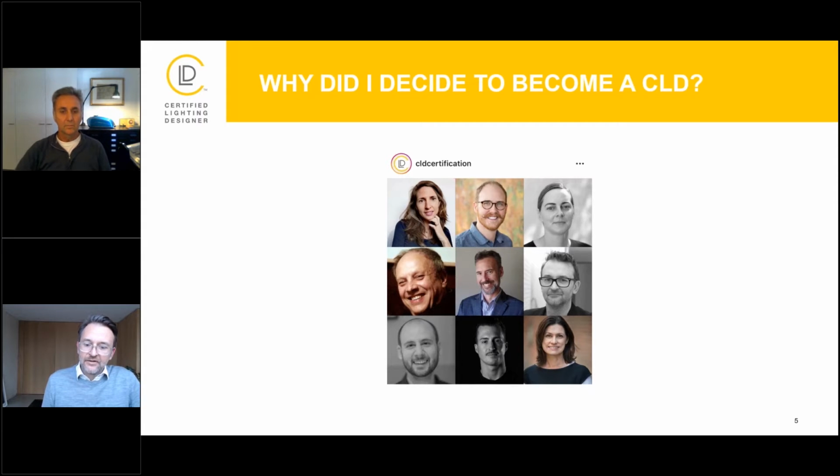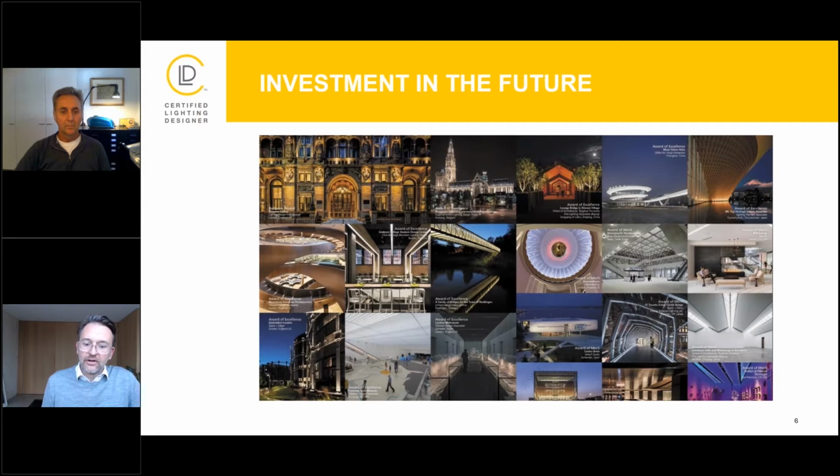There's a lot of unknowns about how we as a profession will be regarded in the future, including our place in the project's consulting team. We are often positioning ourselves somewhere between being part of the creative team and also part of the technical team, in many ways not unlike the role of the architect.